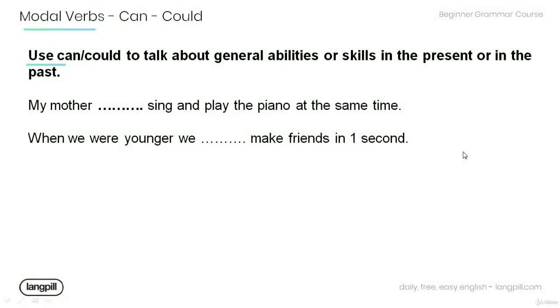Now let's review the modal verbs can and could and practice a bit. Remember that we use can or could to talk about general abilities or skills in the present or in the past. Read the following sentences and fill in the blanks using the appropriate modal verbs.